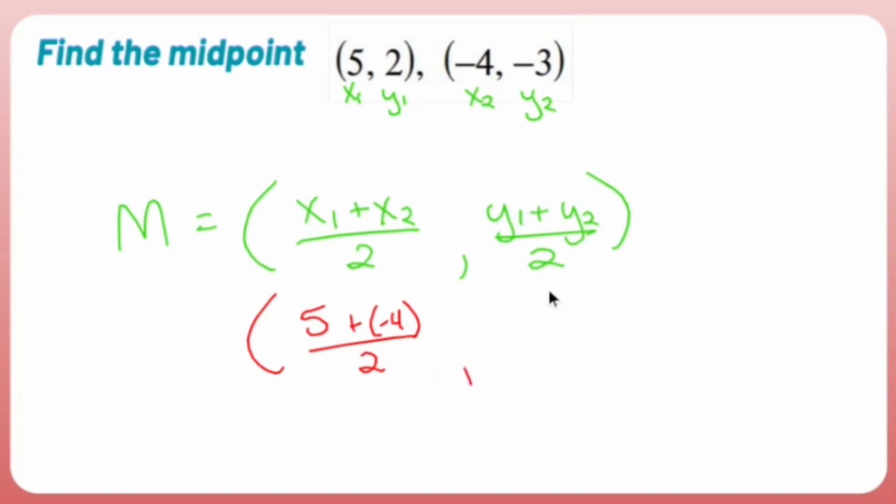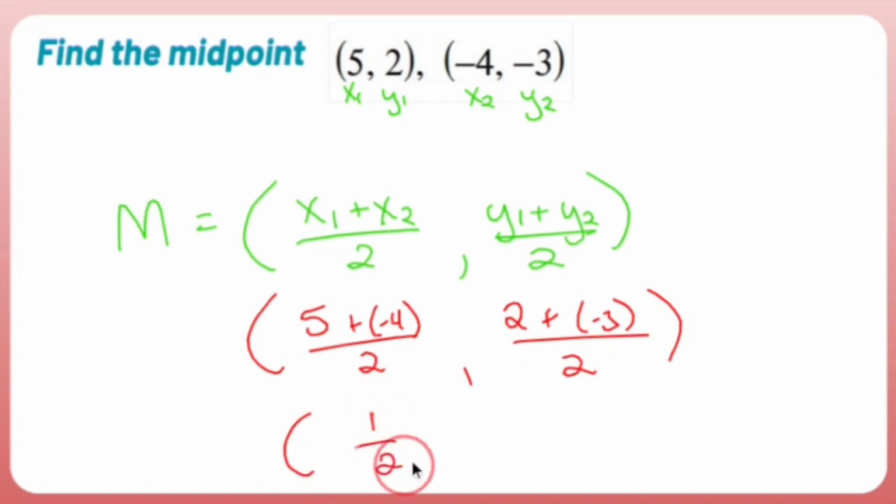Y sub 1 is 2 plus y sub 2 is negative 3, all of that over 2. 5 plus negative 4, or 5 minus 4, is 1, so 1 over 2. 2 plus negative 3, or 2 minus 3, is negative 1 over 2. So we'll slide that negative out there because I don't have enough space to draw another thing underneath. And so that's my midpoint.